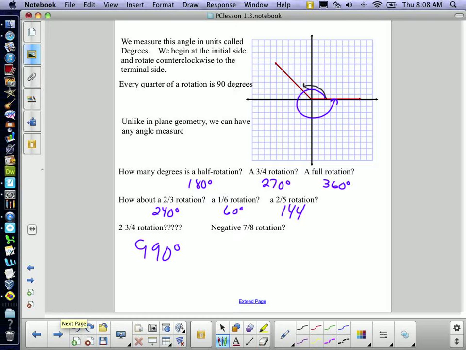How about a negative 7/8 rotation? What do you mean by negative rotation? That means going the opposite direction, rotating clockwise instead of counterclockwise. If I rotated clockwise 7/8 of a rotation, how many degrees would that be?